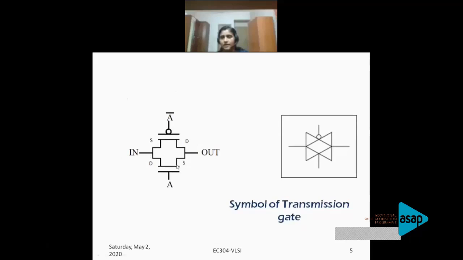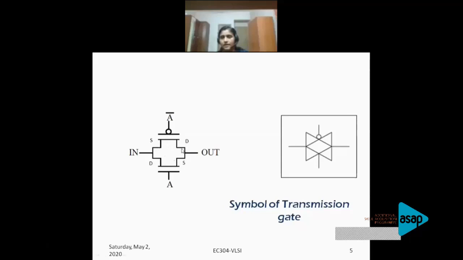So no matter what the input voltage is, the NMOS gives a low resistance path to the output, and the entire 0 is transmitted to the output. Whereas as the voltage decreases to VTH, the PMOS will be off. PMOS off means it gives a high resistance path, so the entire 0 cannot be transmitted through the PMOS. That is the basic idea.